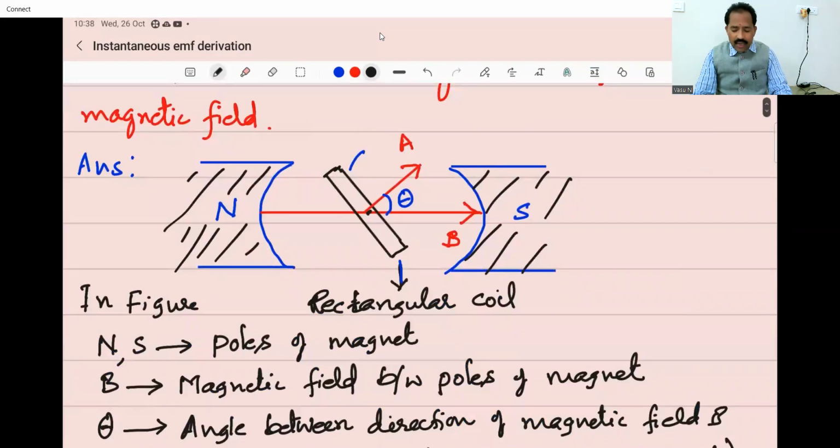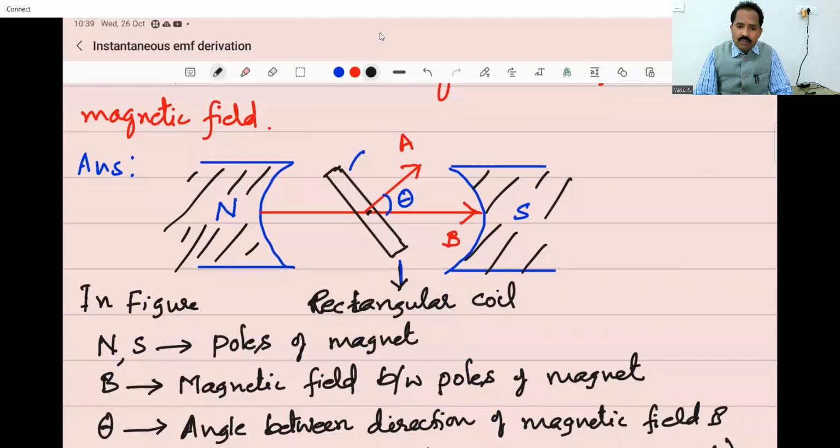Now some extra questions you can assume, such as why the cylindrical pole pieces are made curved. The cylindrical pole pieces are used just to make the field radial in all positions of the coil. And also, inside the coil, there is a soft iron. Soft iron is used in the coil to make the field more intense and strong.